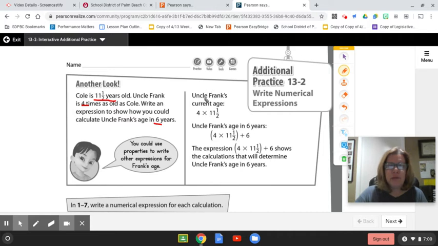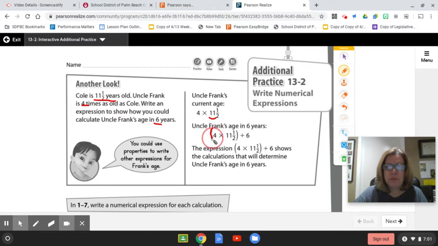The first thing you're going to do is multiply, because we know that parentheses come first, then division and multiplication, then adding and subtracting. Uncle Frank's current age is 4 times as much as Cole's. So you take Cole's age, 11 and a half, and multiply it by 4.